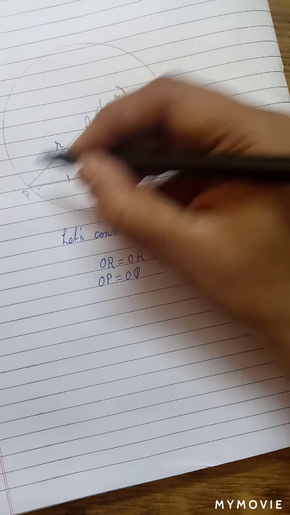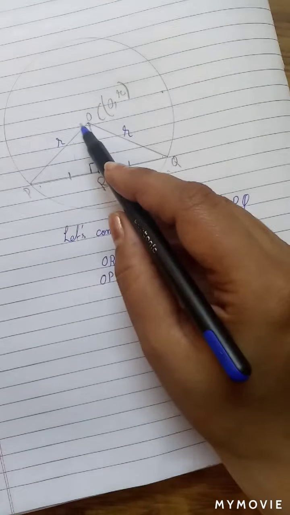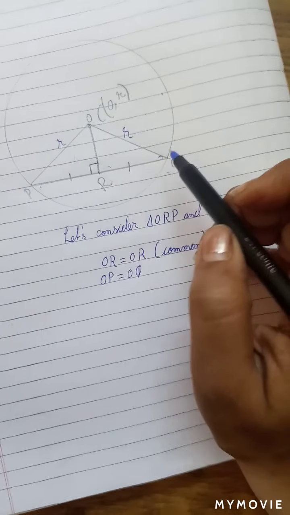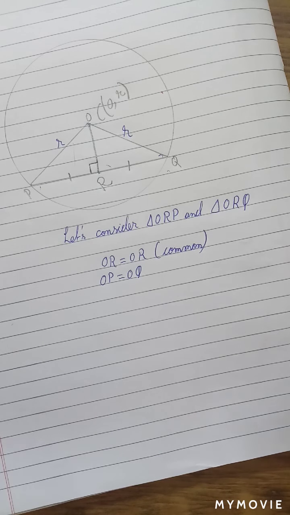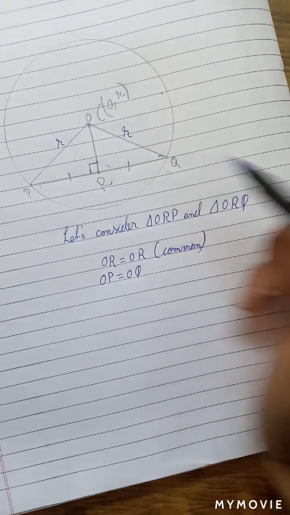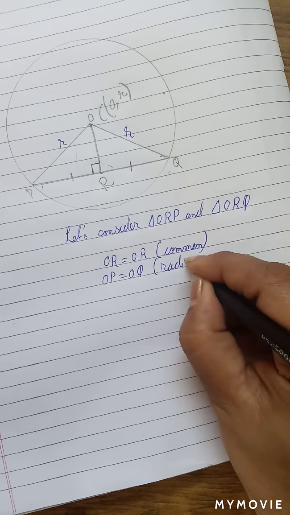See, this is from the center to the circumference of the circle. So this is the radius. This is also a radius. So these two are the radii of the same circle, so they have to be equal. So this OP is equal to OQ, radius of the same circle.